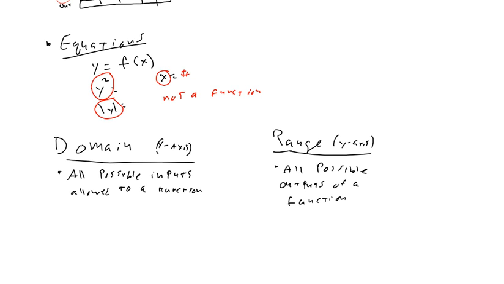And I want to stress the word possible and allowed. I have to get better at using this tablet. I want to stress these words here: all possible inputs that are allowed, all possible outputs that are allowed of a function.